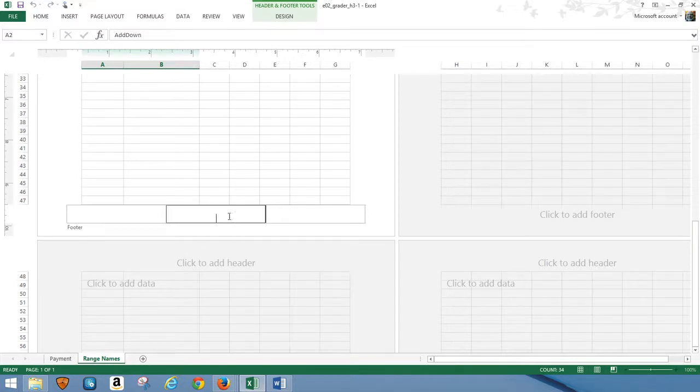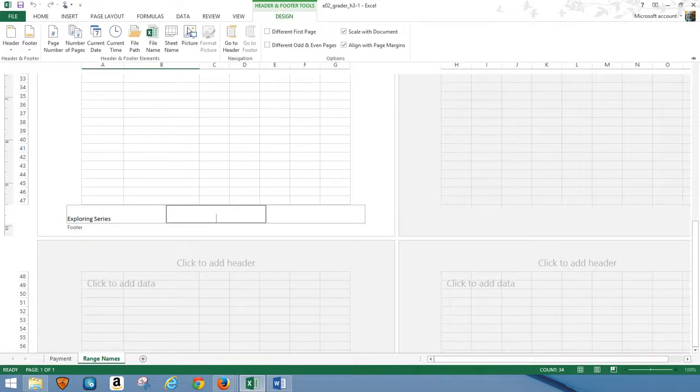And we have 3 parts: the left side, center, and the right. So what it says is now we put the text on the left side, we put Exploring Series. Make sure you capitalize them. The sheet name code in the center. Well, where do we get the sheet name code? Go to Header and Footer Tools, Design.